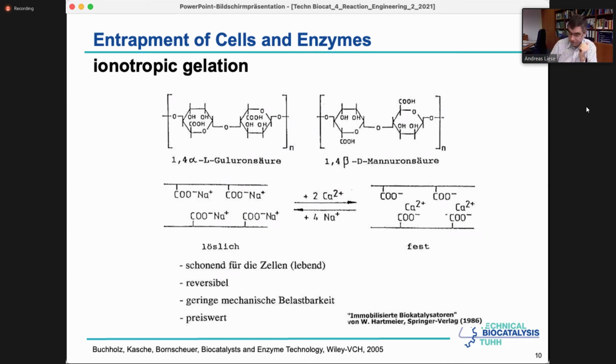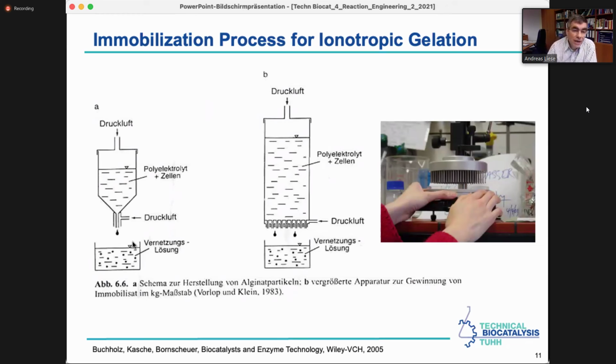How does this function in principle? Well, we have a solution made out of the polysaccharide, for example, and the cells or an enzyme. And then we have a bath. In this bath, there's calcium ion in aqueous solution. And now with pressure, we generate droplets that we let fall into this bath.